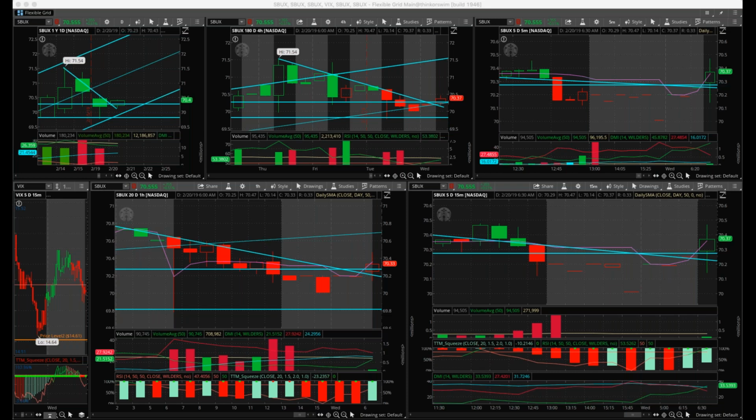I think these candles are a little slow. The price, we're at 70.50 already. The candle's saying we're at 70.37, so got some connection problems.